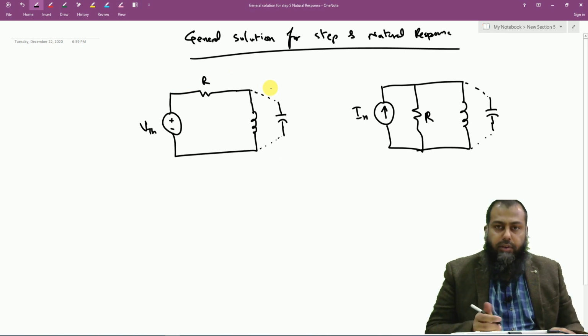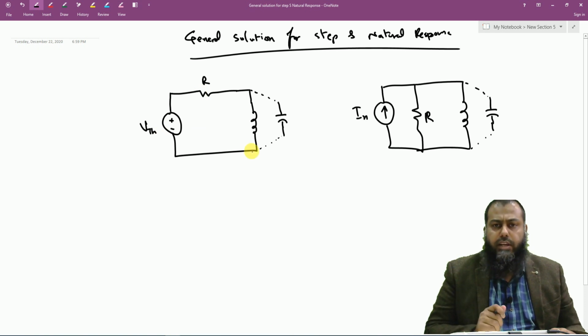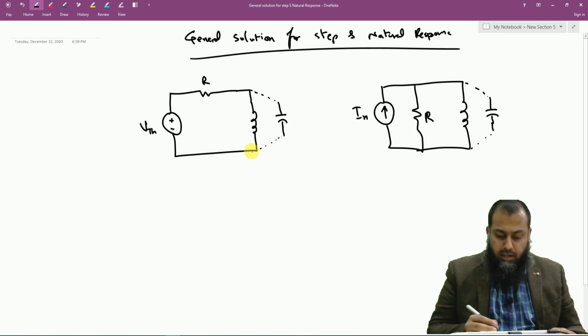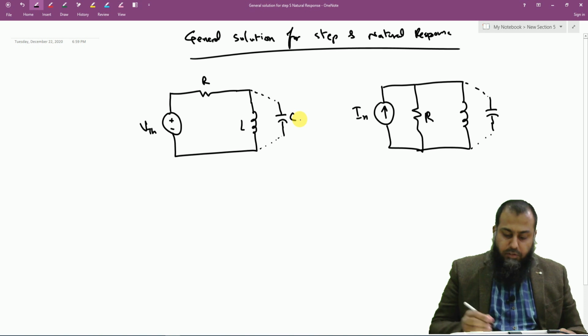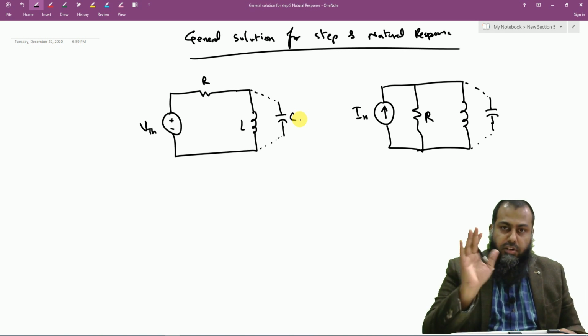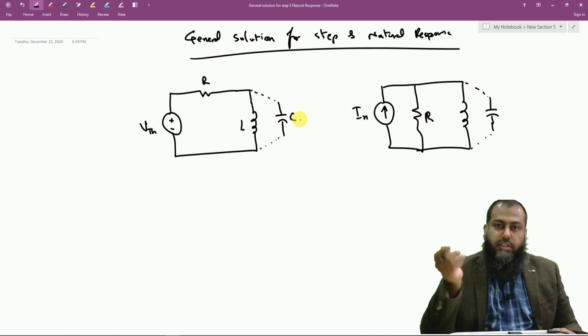It may happen that we deactivate this source and we suddenly cut the supply of this voltage source with the rest of the circuit, and we want to see how the energy which is stored in either of these, the inductance or the capacitance, is dissipated in the particular network. So there are four possibilities for any first order circuit, and this lecture will provide you a general pathway to find out the natural or step response of a given circuit.